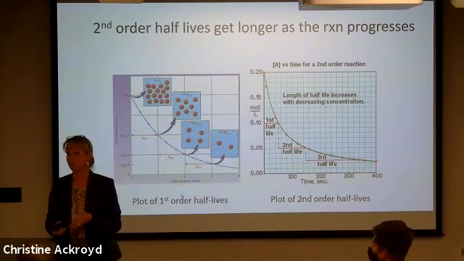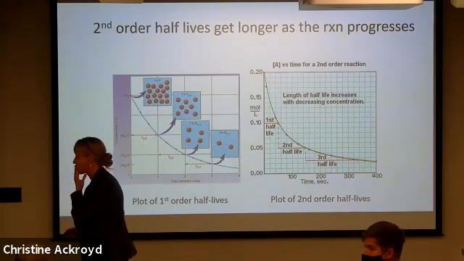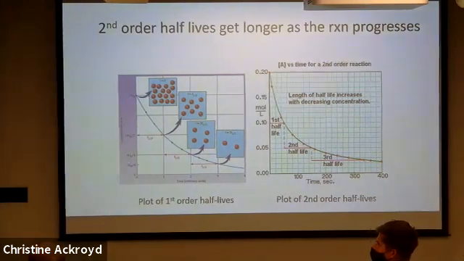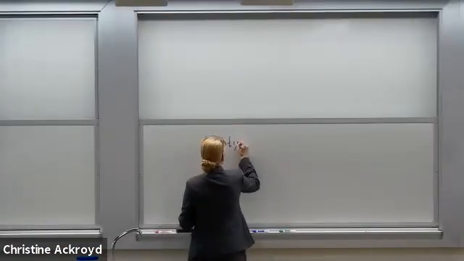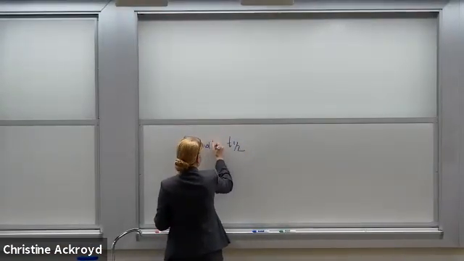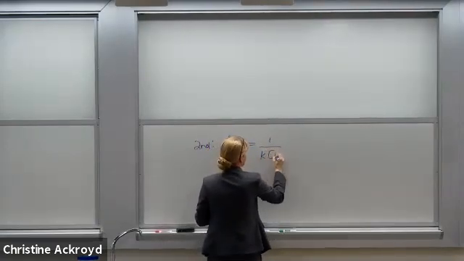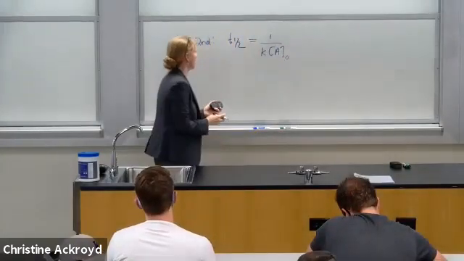Can you explain mathematically one more time why it gets longer every time for every half-life? Okay, we switched to whiteboard here. So the half-life for second order is equal to 1 over k times starting concentration.